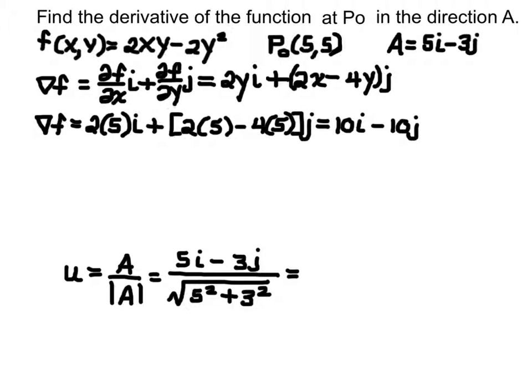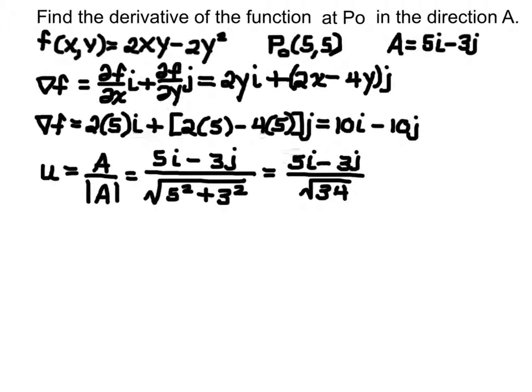So the denominator is the square root of 34, so it's 5I minus 3j over the square root of 34. So let's move this up.